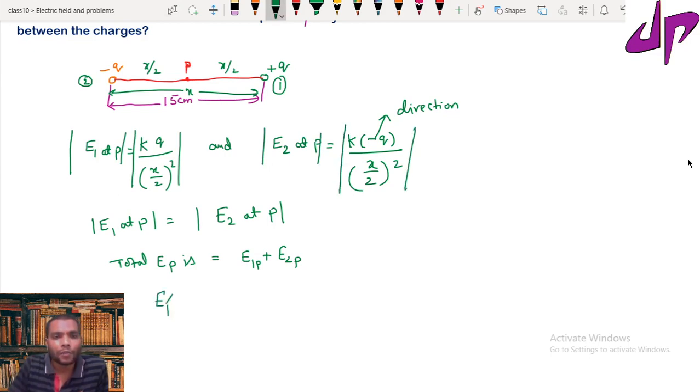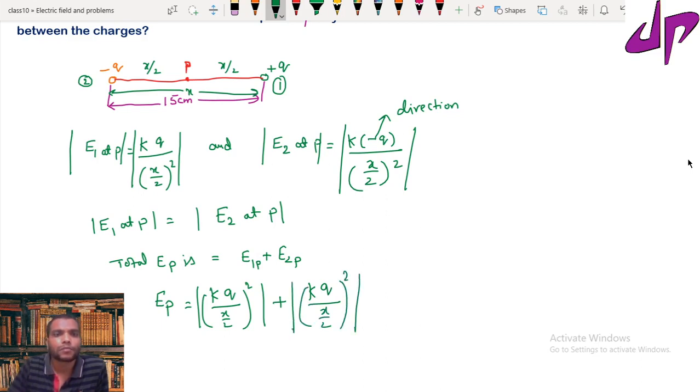Electric field at point P equal to K times Q by x by 2 whole square, its magnitude, plus here also K times Q by x by 2 whole square. So this is also magnitude. So you can sum up.